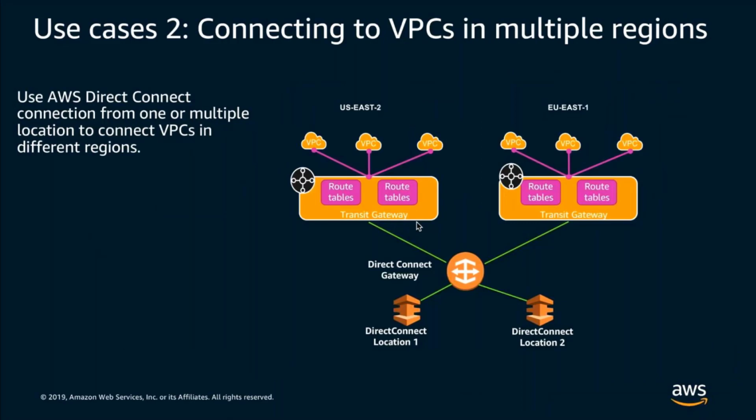Another use case: we talked about a single region with multiple accounts and multiple VPCs. Here we talk about multiple regions with multiple VPCs and again multiple accounts. So in that case, you could have two transit gateways in different regions, and then you have a Direct Connect gateway, which is global, attached to these two transit gateways. So you're bringing your AWS Direct Connect, let's say from Virginia here, Ashburn, into your US region transit gateway, and then into your EU region transit gateway.